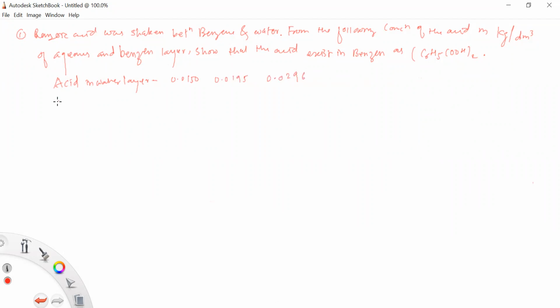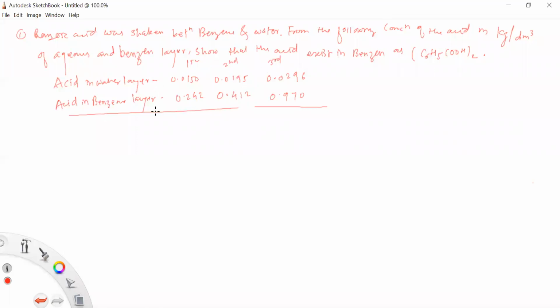Now the concentration of acid in the benzene layer: 0.242, 0.412, 0.970. हे सगळं आपल्याला दिलेलं आहे की this is the first extraction, this is the second extraction, this is the third extraction.